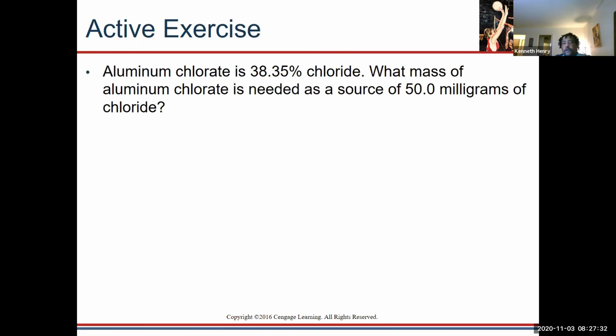So aluminum chlorate is, I remember, this is where we actually stopped off. Aluminum chlorate is 38.35% chloride. What mass of aluminum chlorate is needed as a source of 50.0 milligrams of chloride? So what am I going to do in this case?